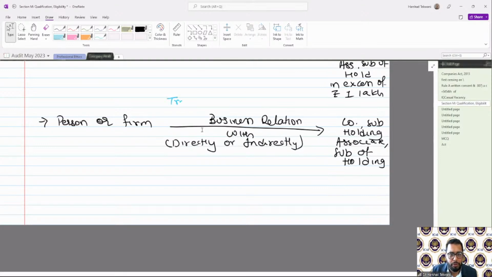So a transaction for commercial purpose, that is a business relationship. Now there are exceptions to business relationship. There are two types of exceptions that are provided that should not be counted as a business relationship.